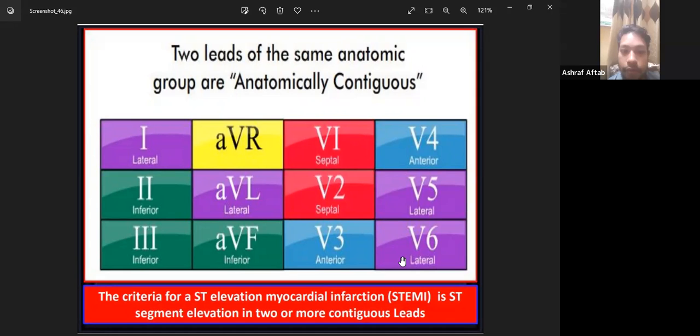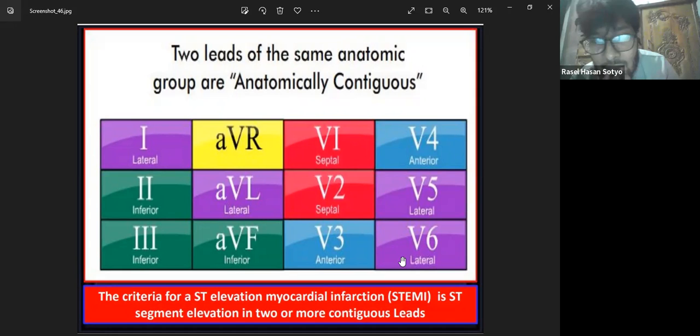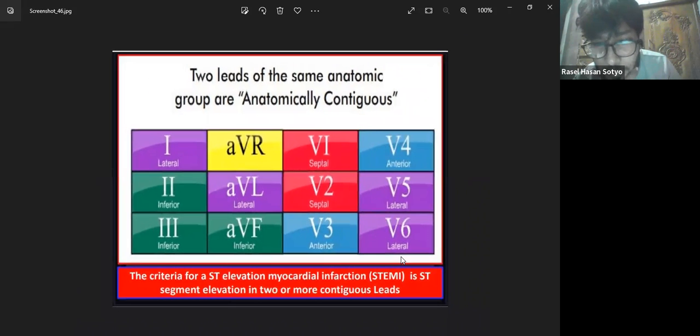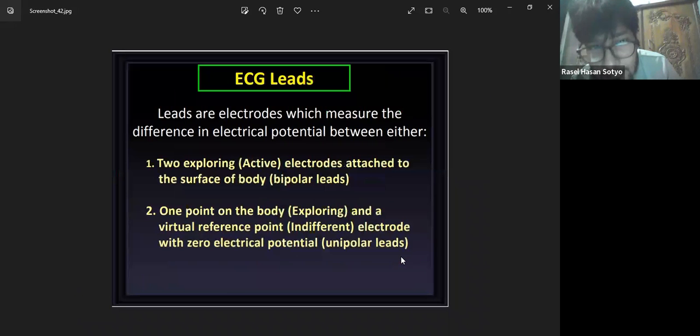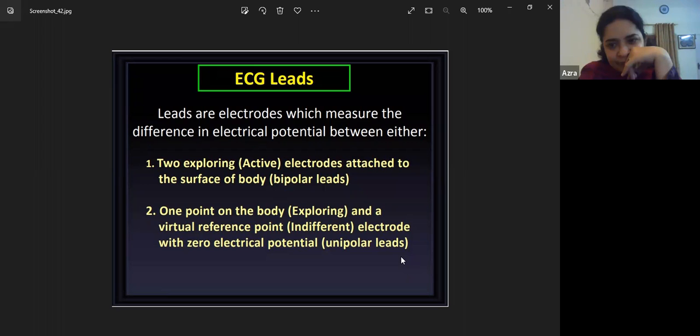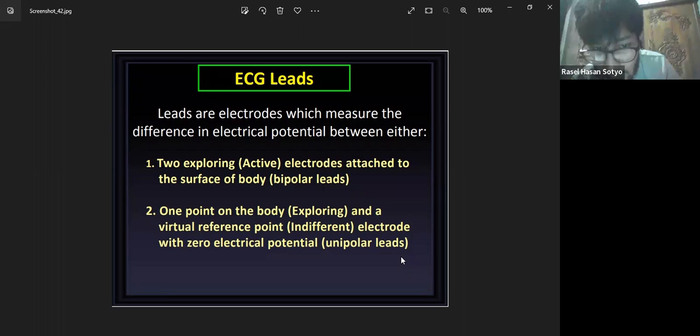Okay, I got it. I have another question. Practically we see that 10 electrodes are attached or connected on the body, but they are recorded as 12 leads on the ECG paper. Why?